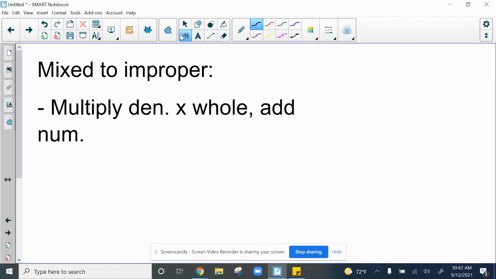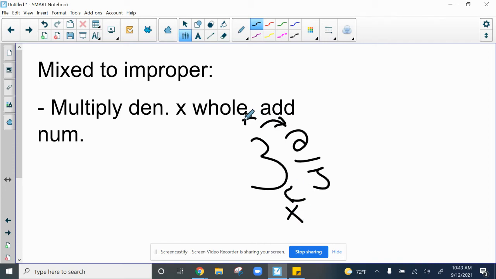If I had 3 2/3, I'm going to start with the denominator. 3 times 2 is 6. And then plus 2 would be 8/3. That cannot be simplified because 8 and 3 don't share any common factor. So 3 2/3 would just be 8/3.